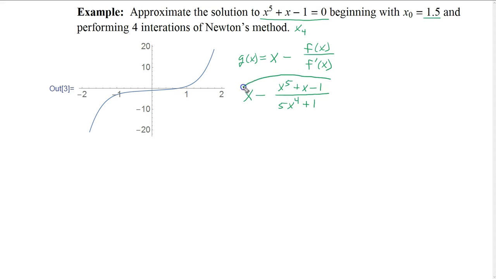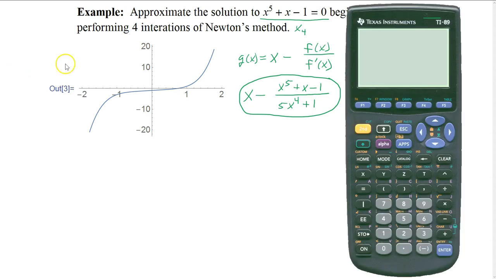So this is what we have to iterate. To do that, it's easiest to use a calculator like the TI-83 or TI-89. I have a TI-89 emulator right here, and I'll show you how to do this.